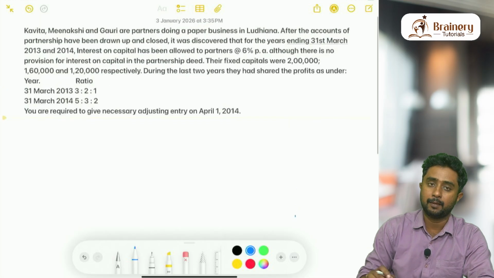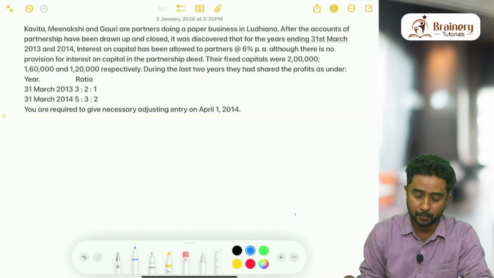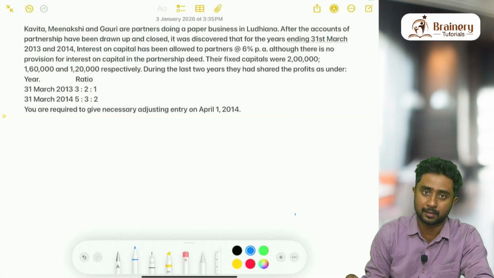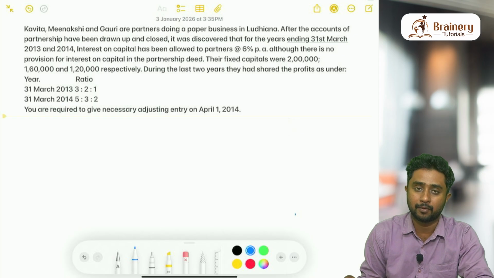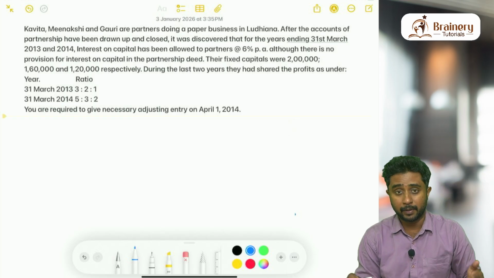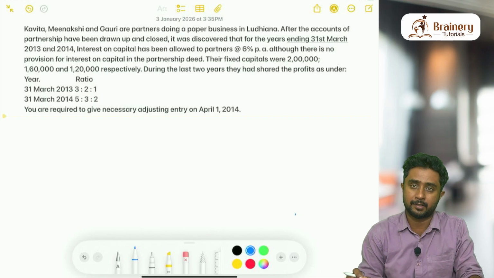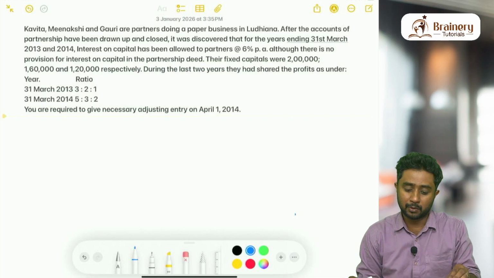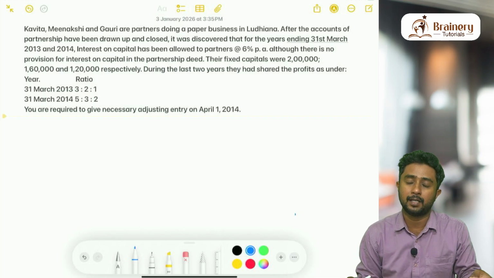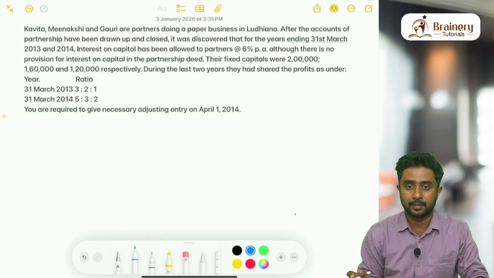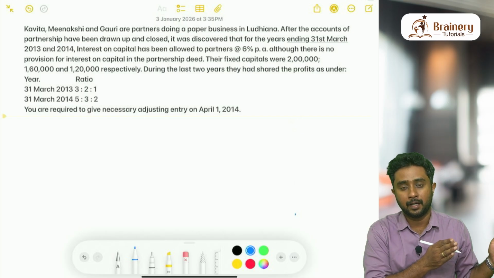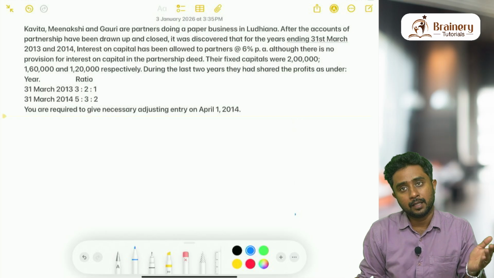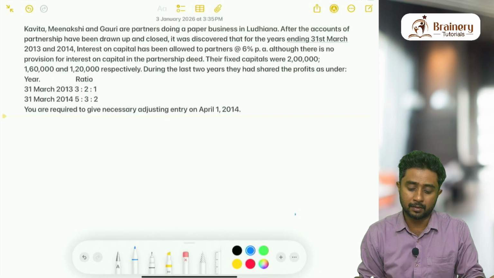Obviously, we will prepare the profit and loss appropriation account and we will reduce the interest on capital for that particular year from the available net profit, and we will divide the remaining profit in that particular ratio, that is called divisible profit. The divisible profit has also been done wrongly in the 2 years. Obviously, when interest on capital is given wrongly, the profit will also be wrong.